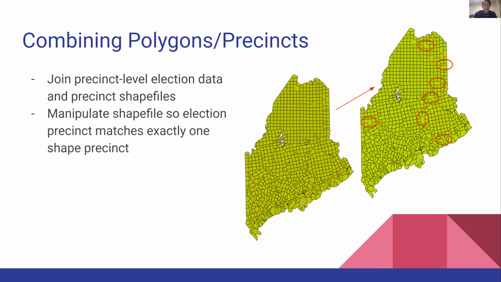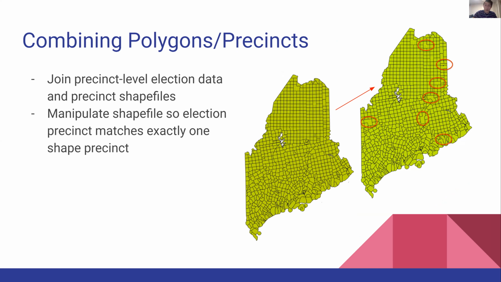Eventually we did find a source that had all of the precincts for Maine, which was great, except that it didn't match the format that we had our election data in. For our election data, some precincts reported their votes independently, while others reported them with neighboring precincts, usually those with fewer votes or a smaller population.